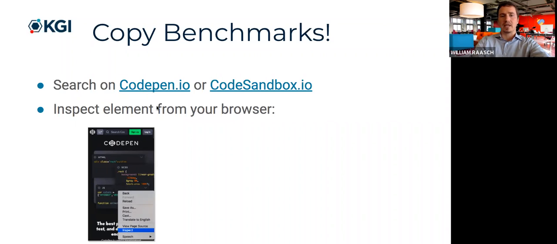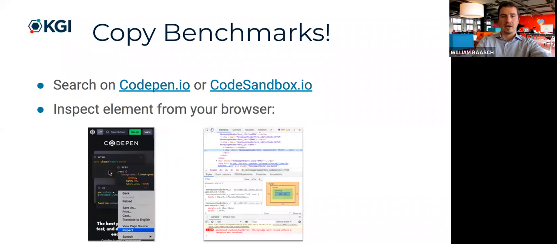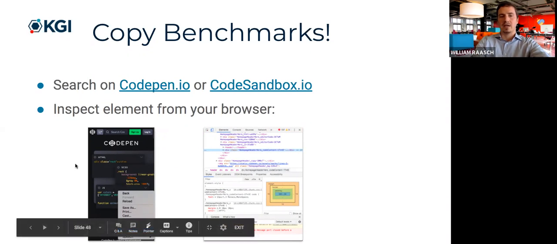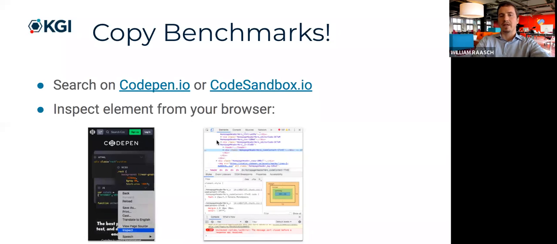You can also do this thing from your browser called inspect an element, which here I did with CodePen, where I right click anywhere on the site and then something comes up that says inspect. When I do that, the code for that site actually shows up. Now this is Chrome. Different browsers might function a little bit differently, but you can always just Google how to inspect an element with your browser, whether it's Firefox, Safari, or Internet Explorer, they all have these tools.